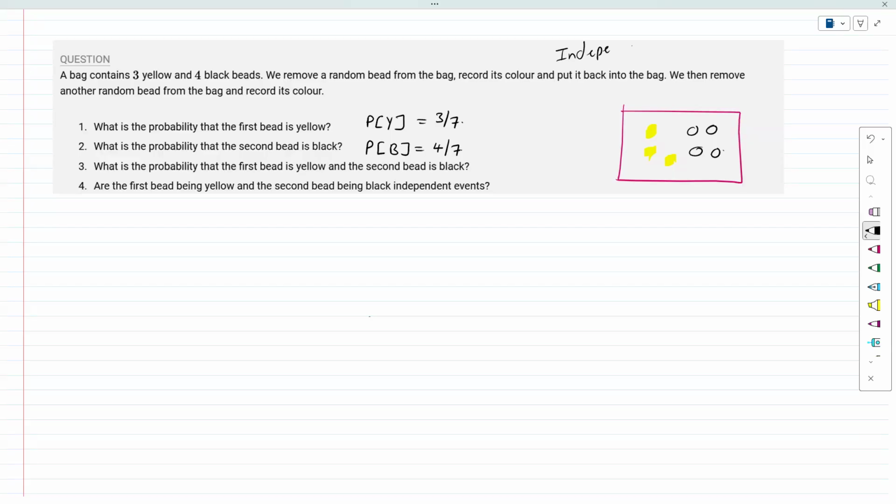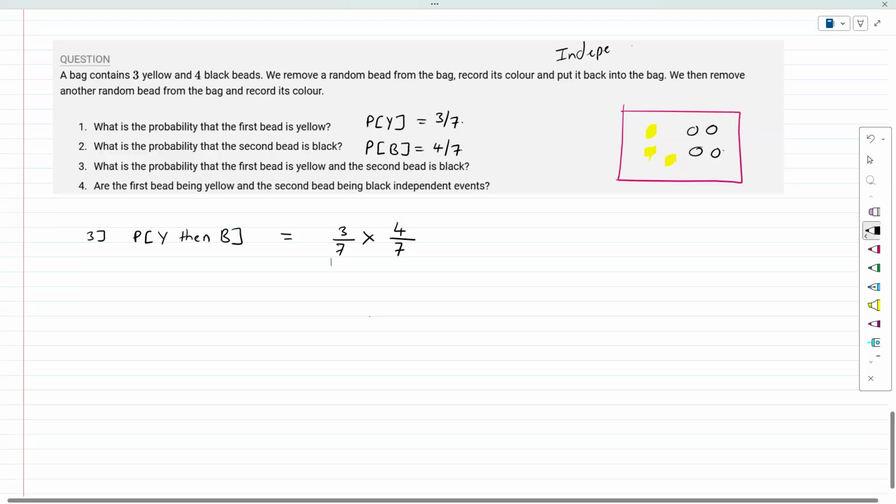Quite simple as well. Please understand, for question 3, the probability that the first bead is yellow, then black, is quite simple. The probability that I get yellow on the first try is 3 out of 7. The probability that I get black on the second try is 4 out of 7 because I'm putting the beads back, guys.